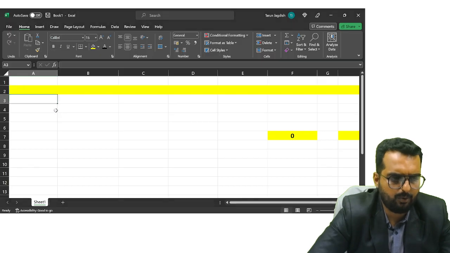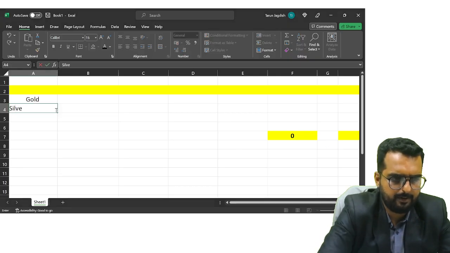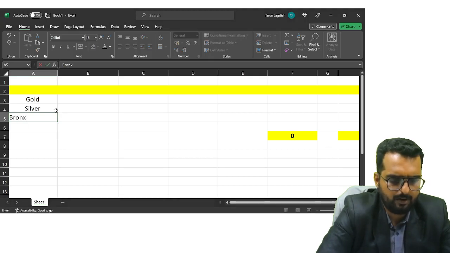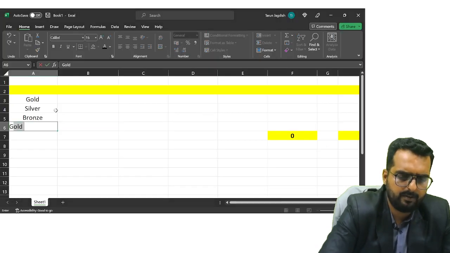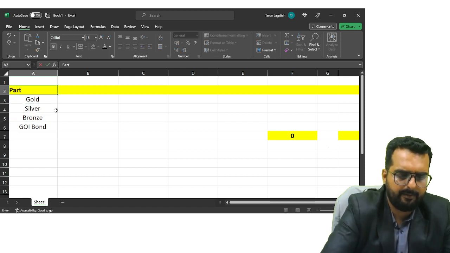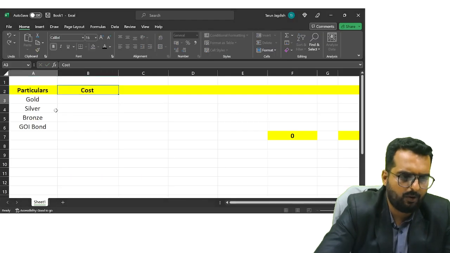Alright, so you are having gold, okay, then you have silver, then you have bronze, okay, then you have GOI bond. Okay, so now here I'll write down the cost.